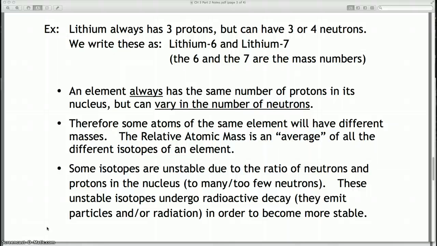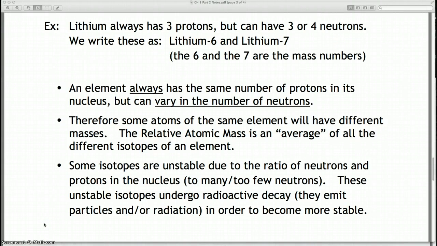These unstable isotopes undergo radioactive decay, which means they emit particles and or radiation in order to become more stable. So, because a nucleus doesn't have enough or has too many neutrons, it can be unstable and give off radiation. So some isotopes of some elements are radioactive.